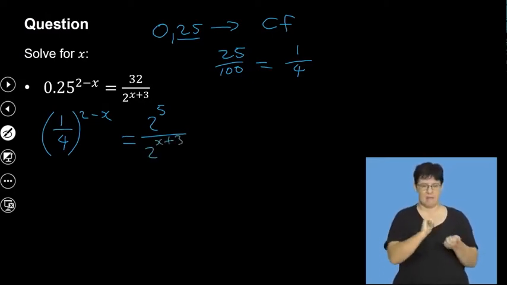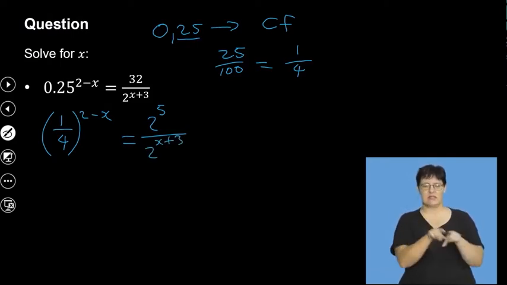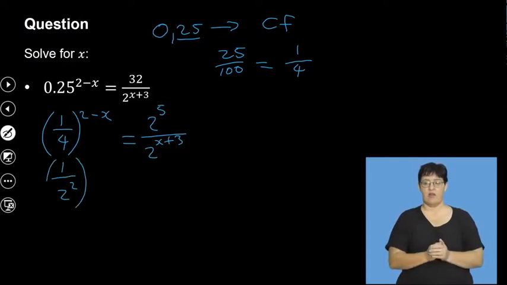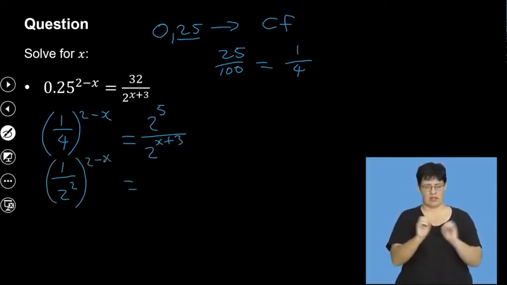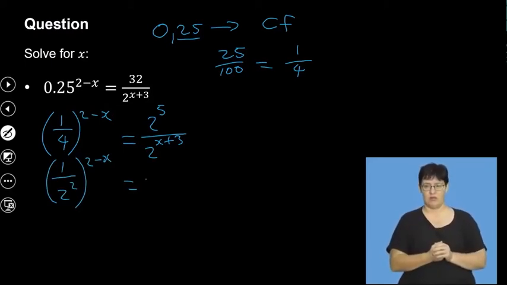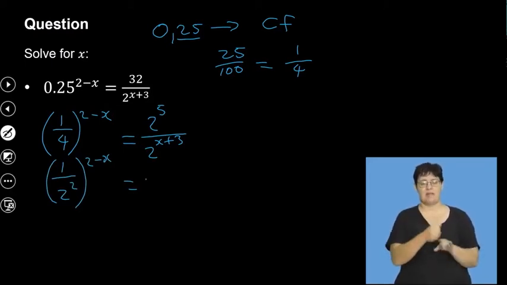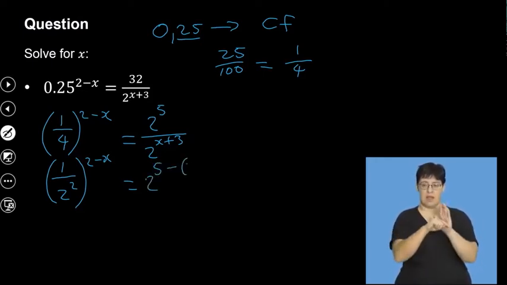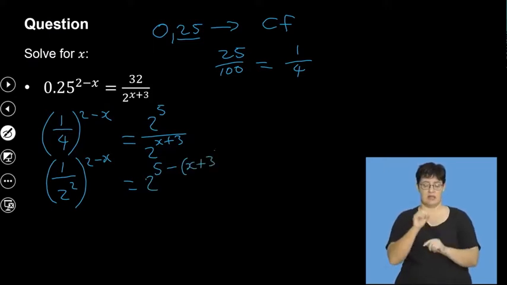And then I play around with my maths here. This will be the same as 1 over 2 squared to the exponent of 2 minus x. I'm not changing anything as yet, and then here I'm just going to apply the laws of exponents, right? I'm dividing and my bases are the same, so it will be 2 to the exponent of 5 minus x plus 3.